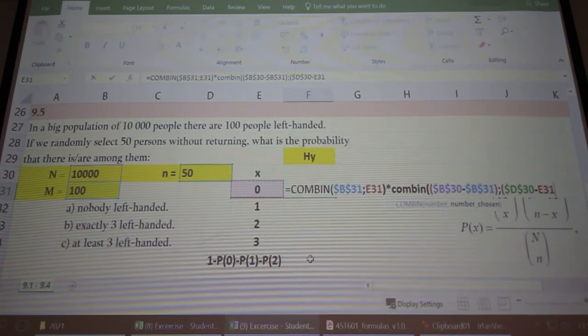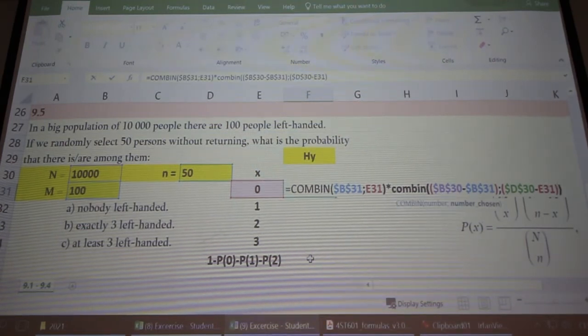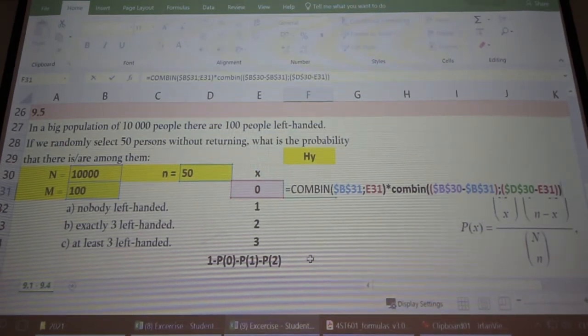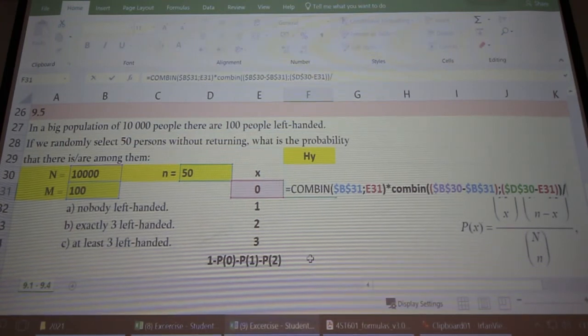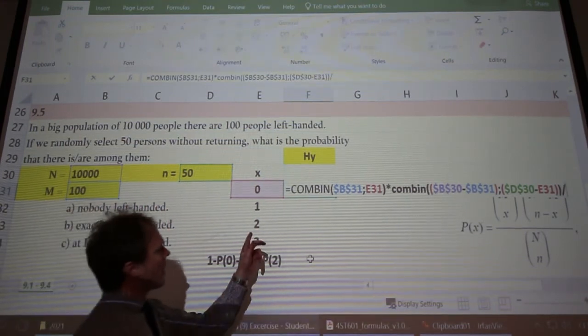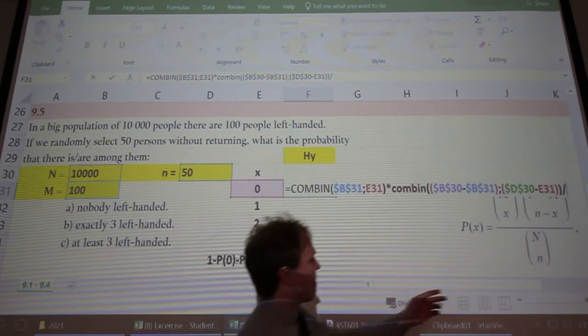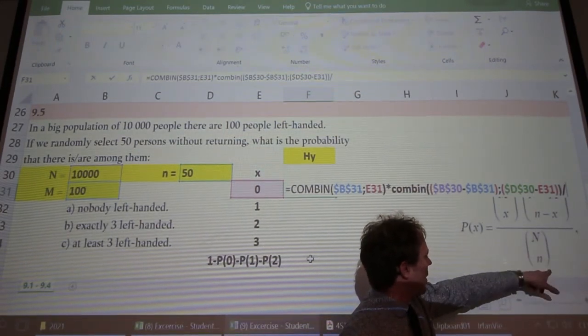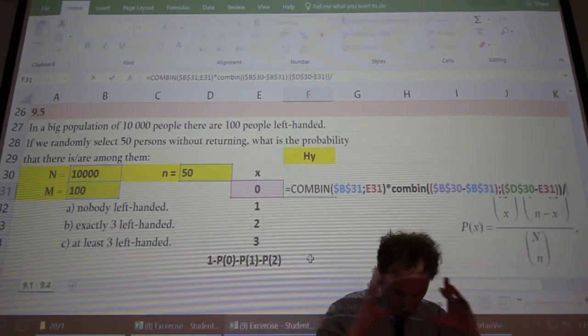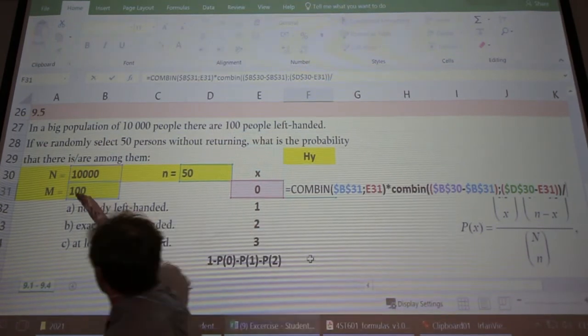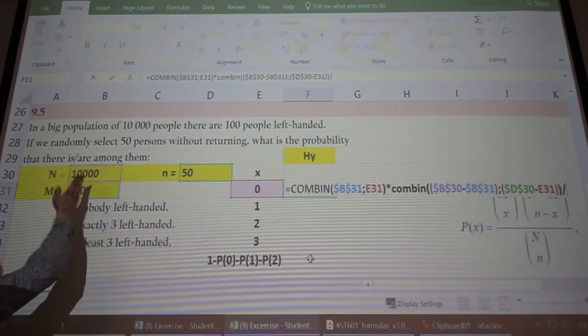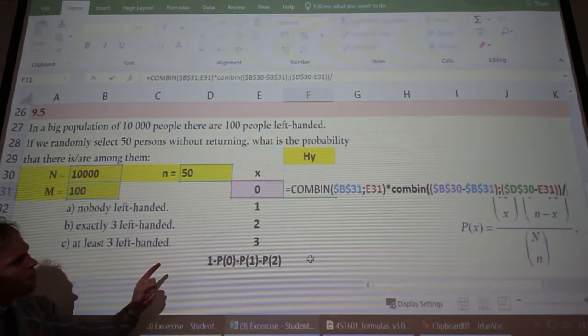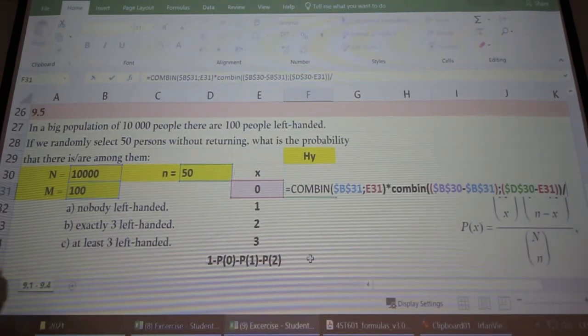Right here is a comma and open parenthesis, and this difference, small n, 50, function F4, minus small x, x is 0. Close parenthesis and close parenthesis of the COMBIN function, divided by, and what is in the denominator? Another combination number. So capital N above small n. Both parameters, so both values will be fixed by function F4.